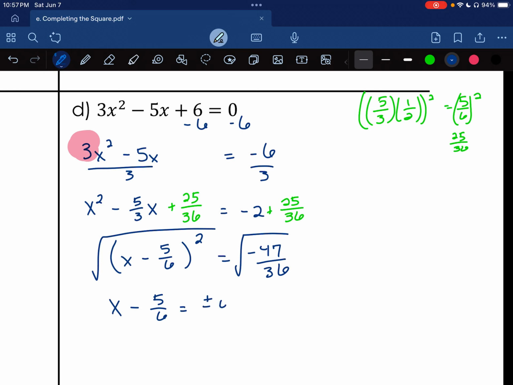Right, so I took the square root of the denominator. 47 has to stay under the radical, but I was able to take out an i. Then I'll add 5 sixths over. So this will look like 5 plus or minus i radical 47 all over 6, since those had a common denominator. It's not the prettiest looking answer, but it's the right answer.